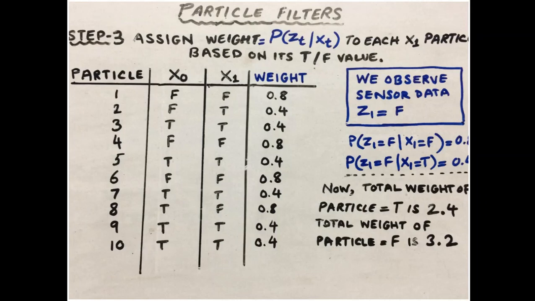So the true particles are going to have weight 0.4 and the false particles will have weight 0.8.